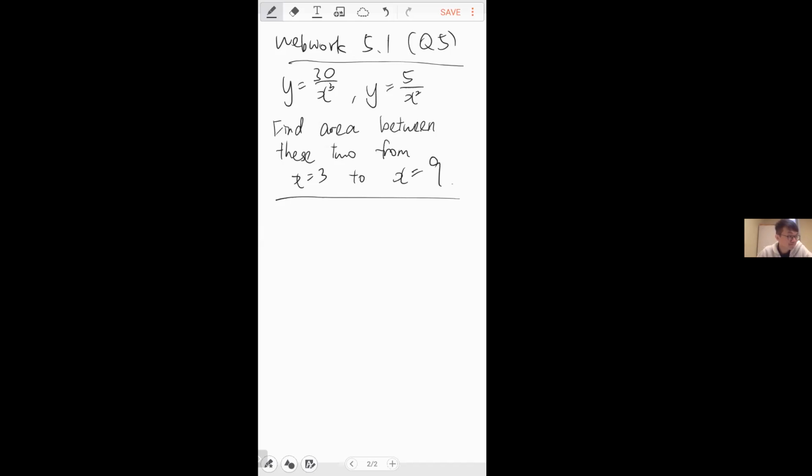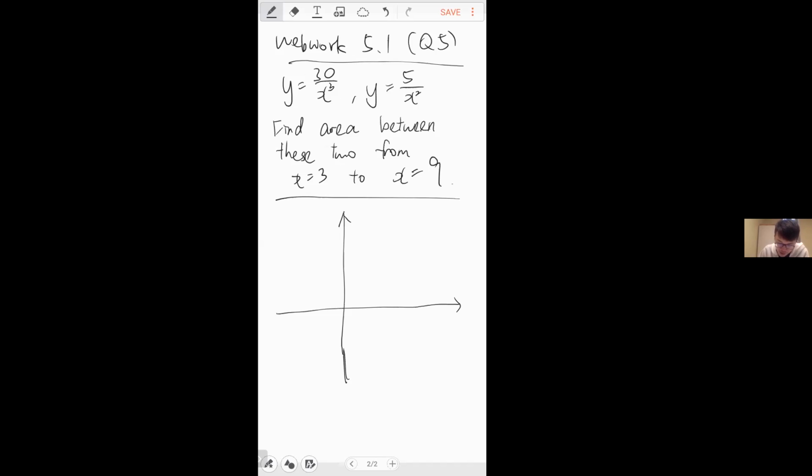All right, what do I do? Okay, so I want to draw and then find the intersection points. Let's try to sketch the graph. What does it look like?